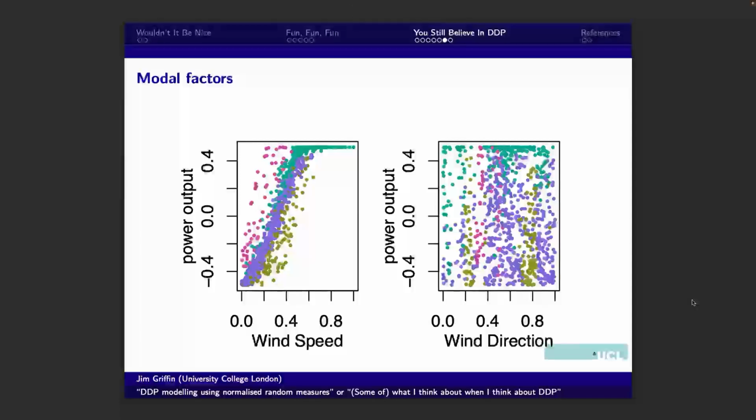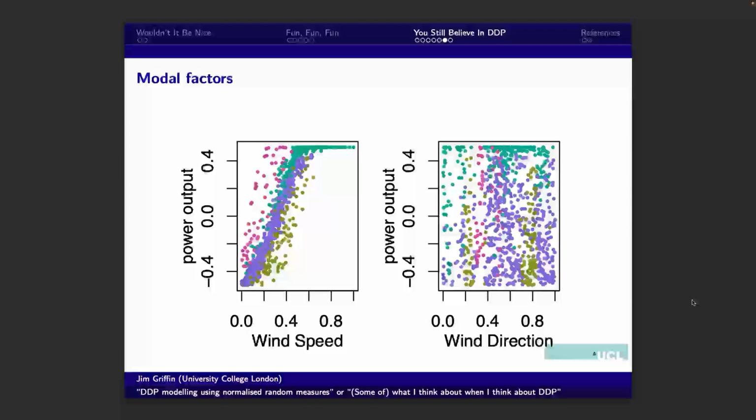Here are some results that tell us something about the relationship between these covariates. Because we have BART, we have flexibility, and we can also do variable selection. Here we have a 4-factor model. On the left-hand side, each of the factors is colored. We have a standard component, which is the purple.